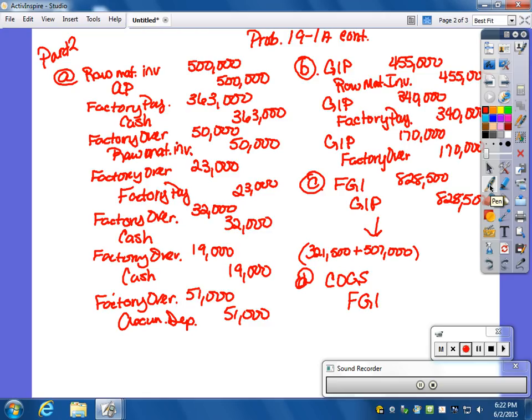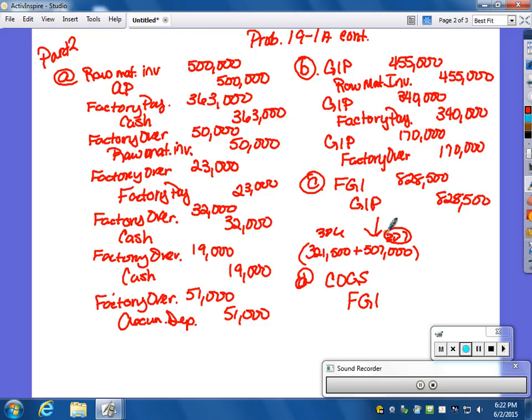And how much did 306 cost? Remember up here you added these 2? These were the total costs right here. So this was for 306, and this one was 307. 306 cost 321,500.